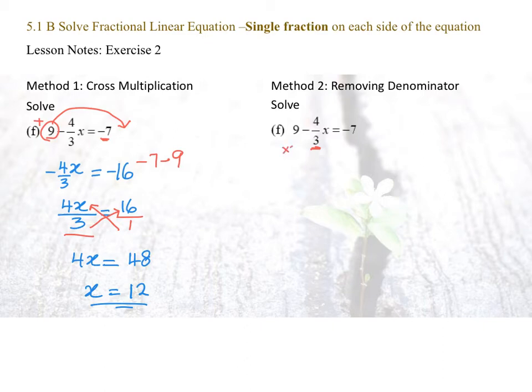So multiply by 3, 3, and 3. And that leaves me with 9 times 3, 27. Subtract and multiply away the 3, the denominator goes away. So I'm left with 4x. And I have negative 21.